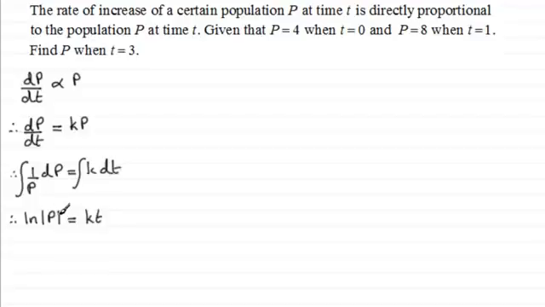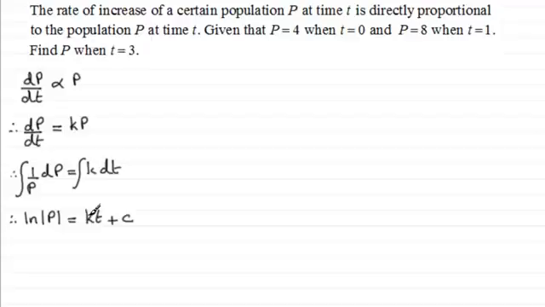If we take away the constant from this side from the constant on this side, we just get a general constant. Let's call it c. So there's our equation now. In fact, we don't really need the mod sign because the population P is always going to be positive.